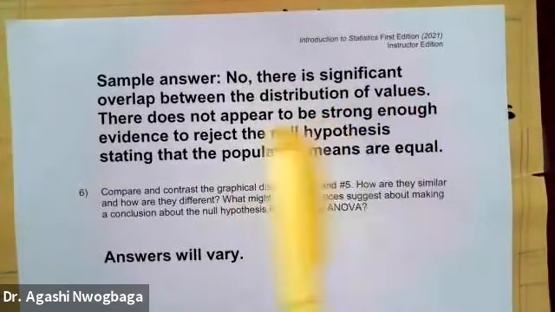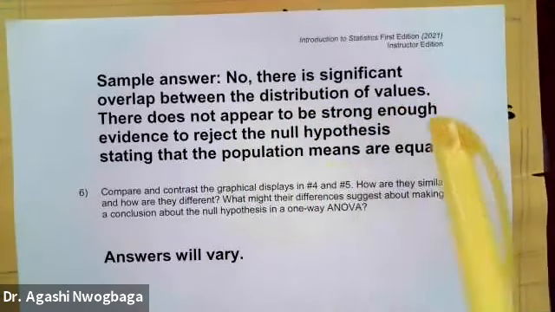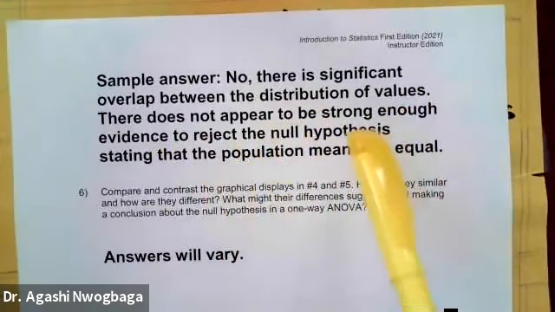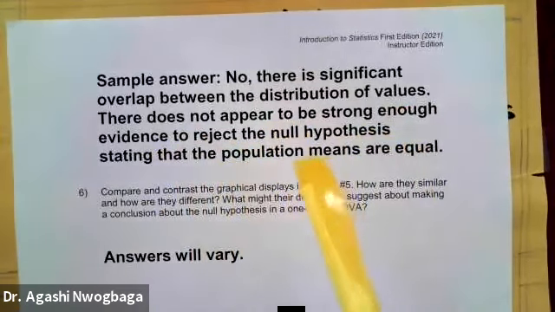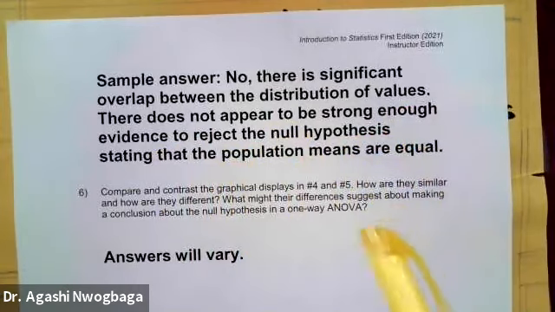No, there is significant overlap between the distributions of values. There does not appear to be strong evidence to reject the null hypothesis, which states that the population means are equal.